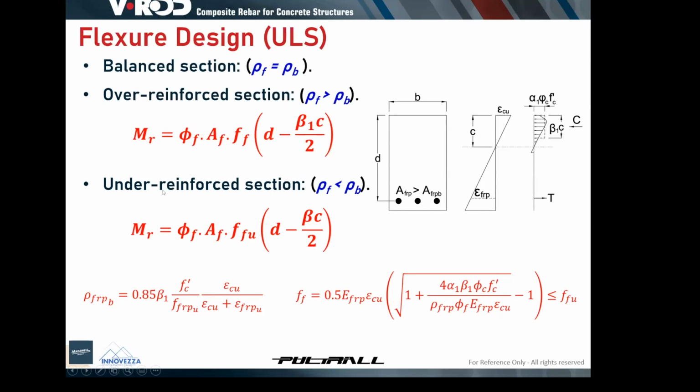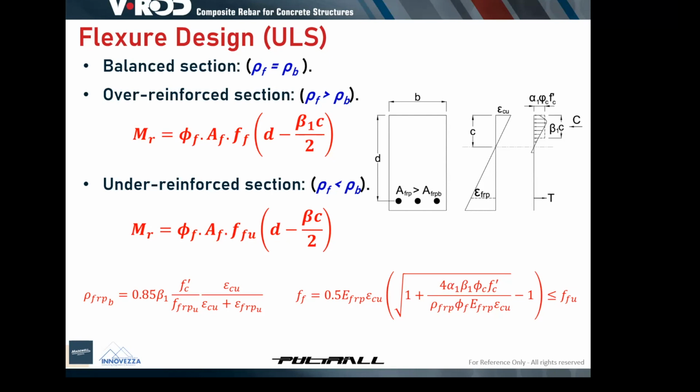And for the under-reinforced section, we have this equation here. The only difference is the f_F, and here we have f_F ultimate and beta 1, because for the over-reinforced section, we achieved the maximum strain in the concrete, so the beta 1 will be different. Compared to the under-reinforced section, where we didn't achieve the ultimate strain in the concrete.